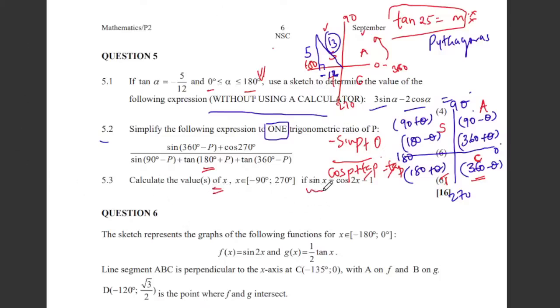You have sine x is equal to cos 2x minus 1. This is more like a general solution, but we shall need definite values of x. When you're solving general solutions, the idea is, one, to create the same kind of ratio, for example focusing on sine across, and then you work that out.